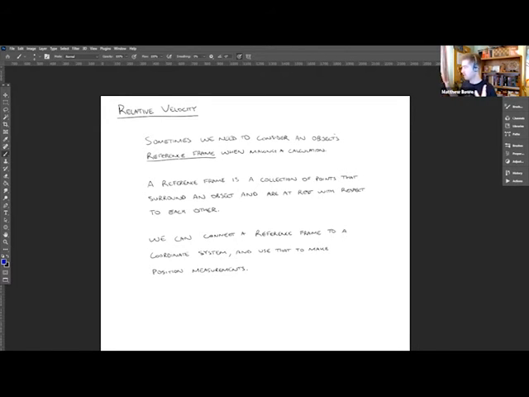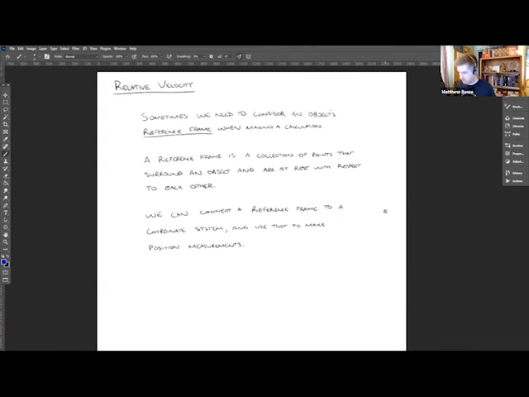Usually we think of this larger reference frame as the outside world, where everything is at rest, or we might say the ground is at rest, is the big reference frame. So we have to just consider these things.